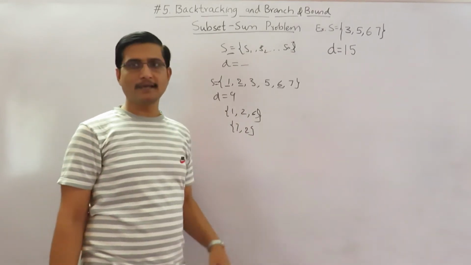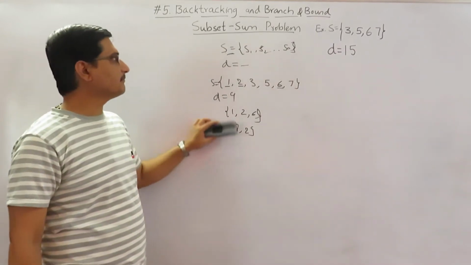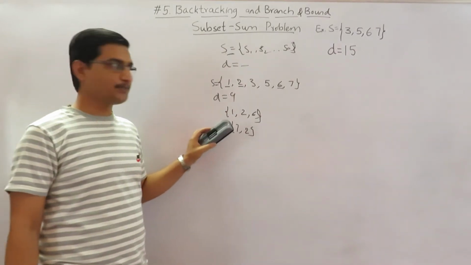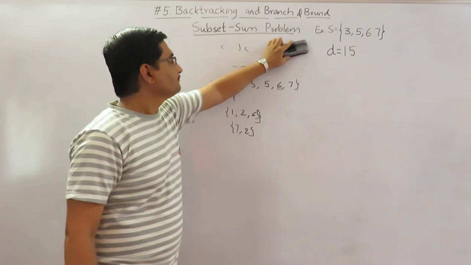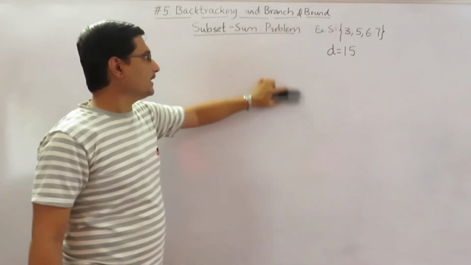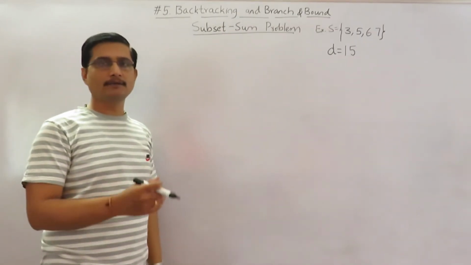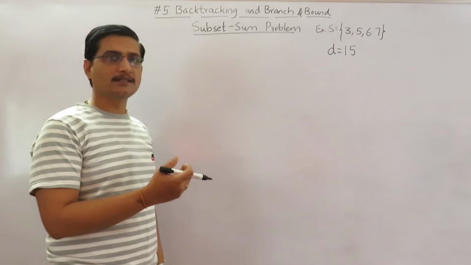But we can also apply a methodology to form a solution for this by constructing the state space tree using the backtracking method. In the state space tree, what we do is we will place the sum in the node.